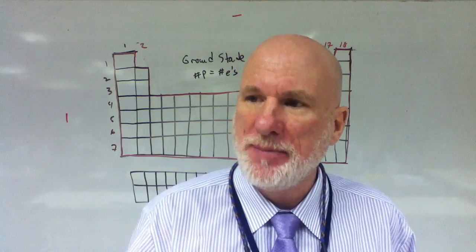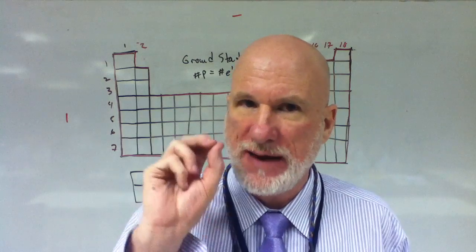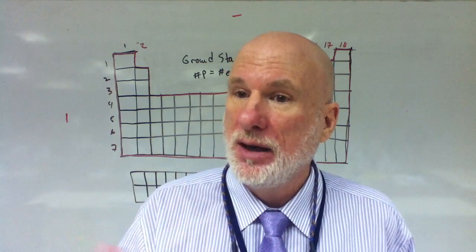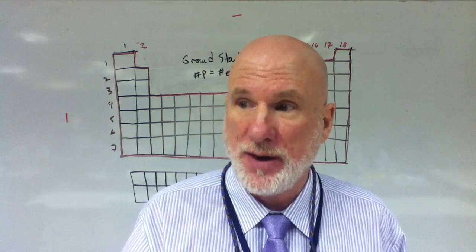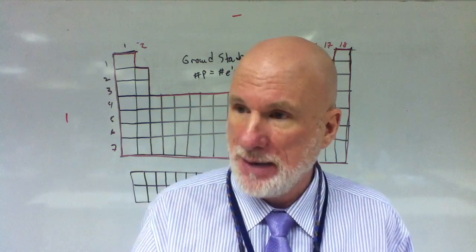The outer shell, but I'm going to make it a little bit more complicated, and this is very important. Mr. Nair left this out of the explanation when you were in 7th, 8th, and 9th grade because it's a little bit more complicated.